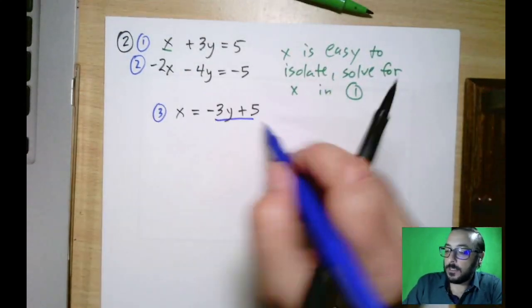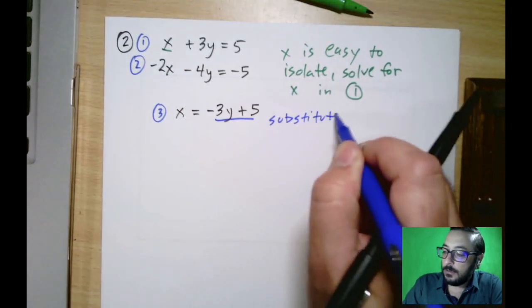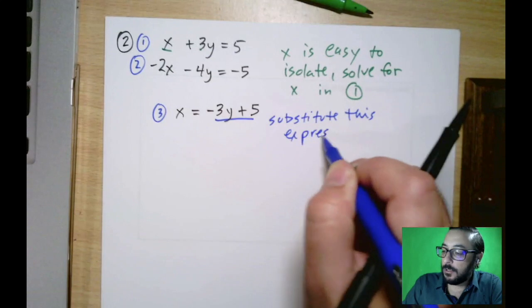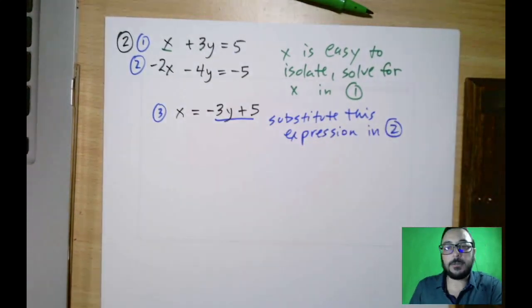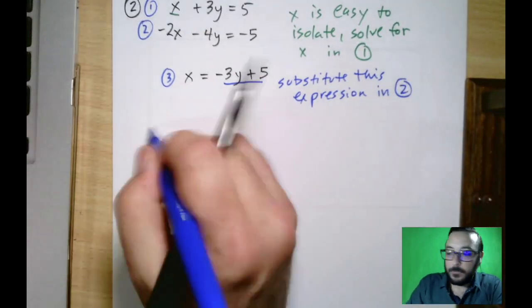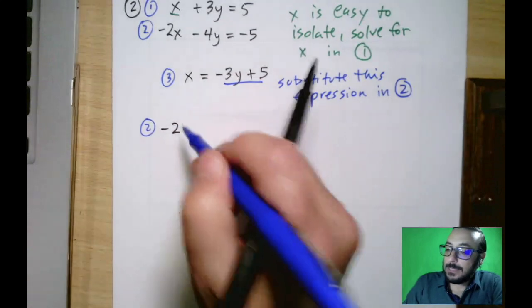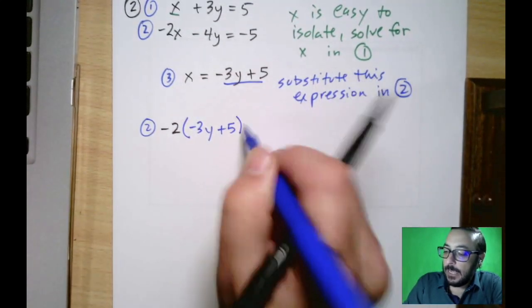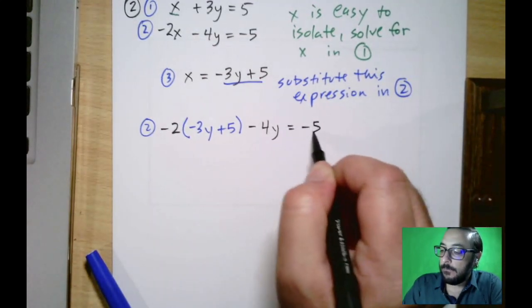We're going to substitute this expression into equation 2. All right, we're going to substitute in equation 2. So here's equation 2, negative 2 times negative 3y plus 5 minus 4y equals negative 5.